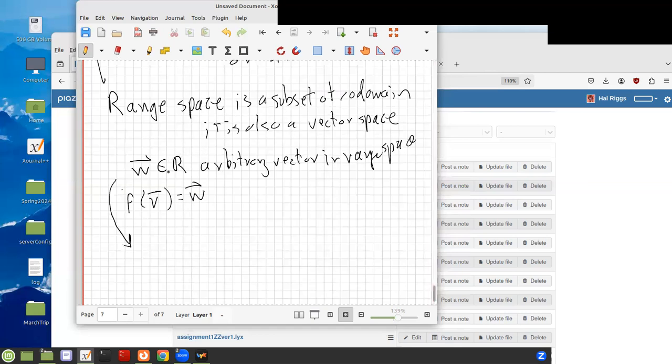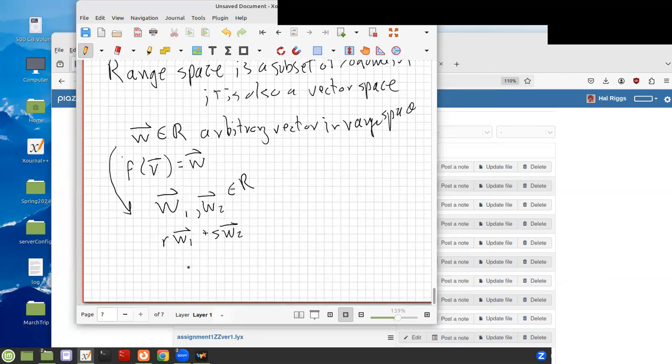The first point is, if I take two arbitrary vectors, W1 and W2, that are in the range space, is their linear combination in the range space? That's the range space test. So I take R W1 plus S W2, an arbitrary linear combination, and ask, is this in the range space just because W1 and W2 are?